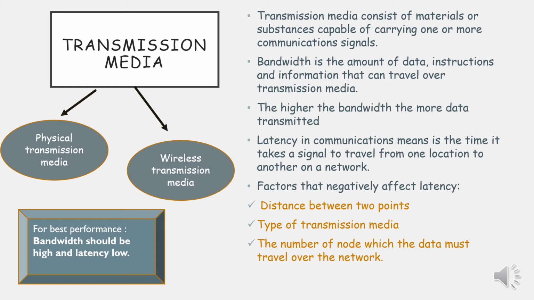Broadband media transmit multiple signals simultaneously. Bandwidth is the amount of data, instructions, and information that can travel over the transmission media. The higher the bandwidth, the more data transmitted.